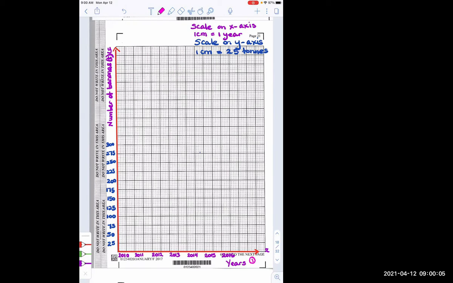For using the correct scale, you are getting 1 mark, and I believe you will get 1 mark for drawing the bars. So that is how the 4 marks are distributed.